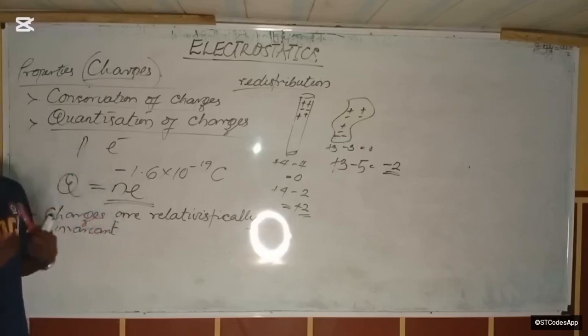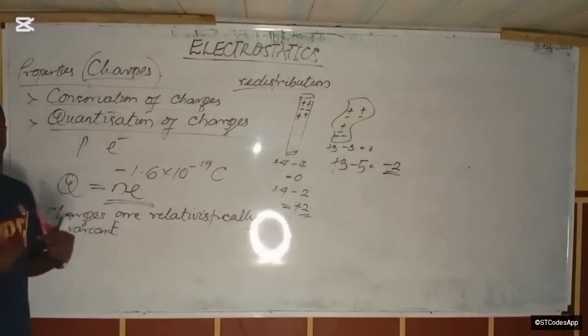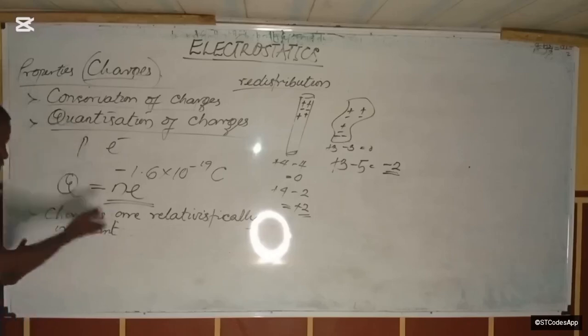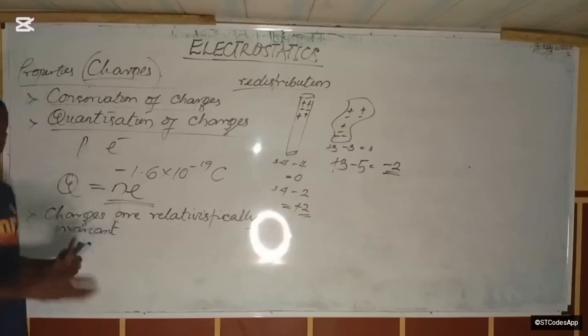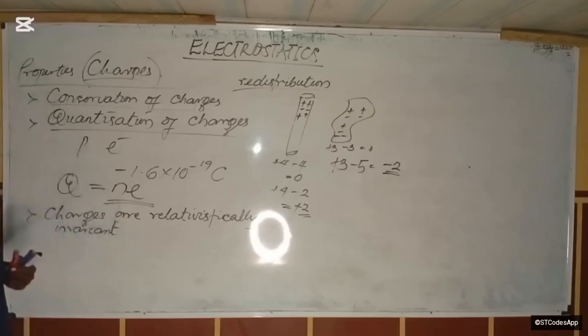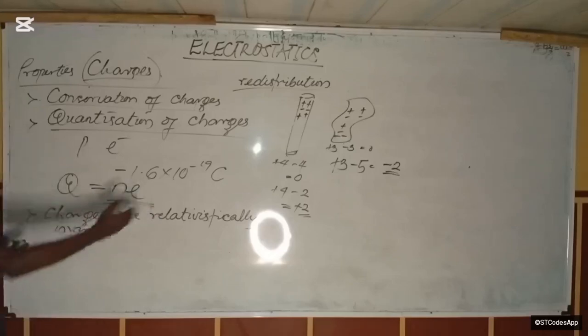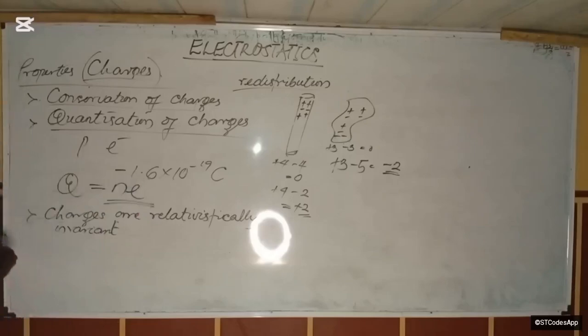That is, it depends on the frame of reference. But with charges, in all frames of reference, it is the same. If it is positive, it is always positive. If it is negative, it is always negative, regardless of the frame of reference. So it is relativistically invariant.